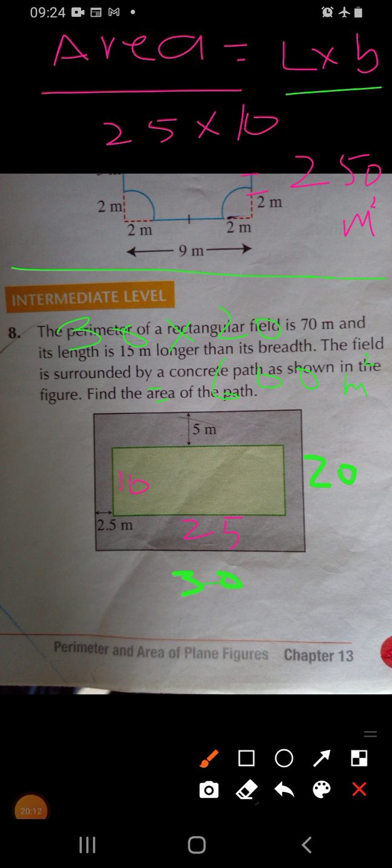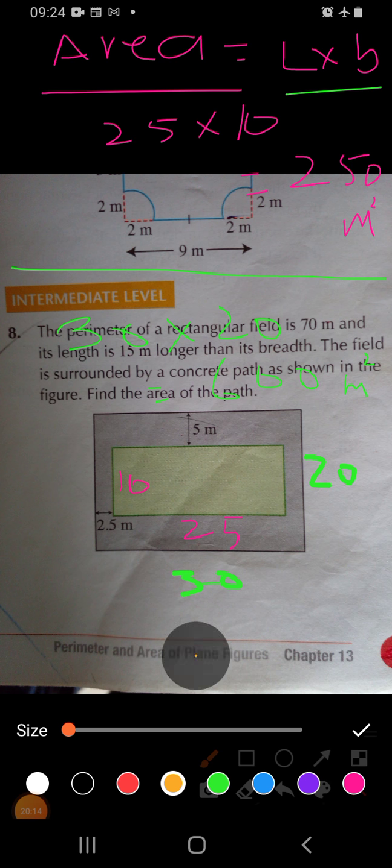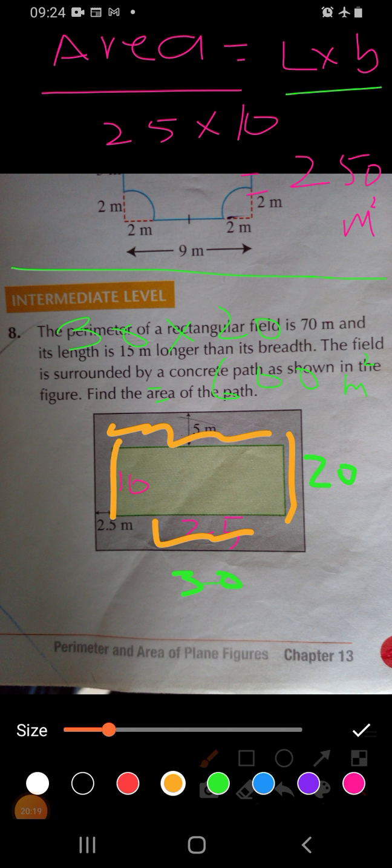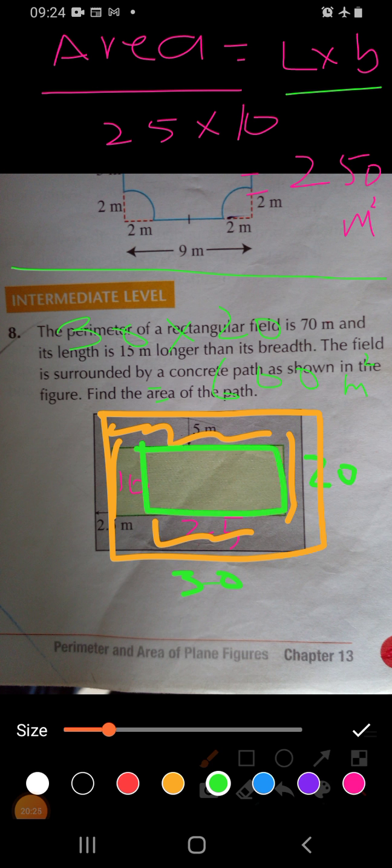To find the value of this path and this path, we can simply do what? Area of the bigger rectangle minus the area of the smaller rectangle. Okay.